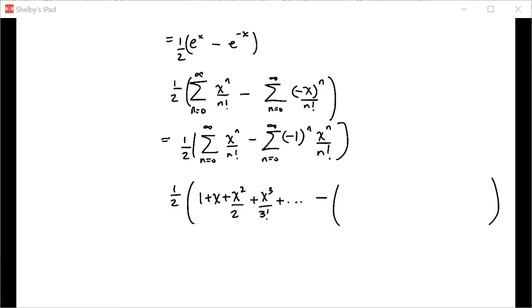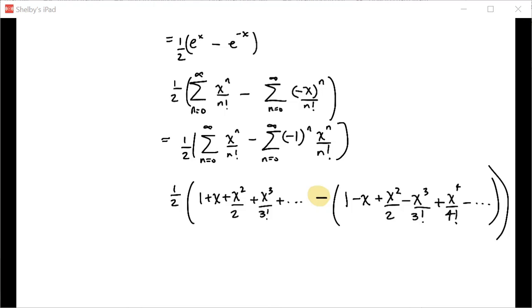This is alternating, so it's going to start off positive: 1 minus x plus x squared over 2 minus x cubed over 3 factorial plus x to the 4th over 4 factorial, minus, and so on. We're subtracting these two because we're taking the difference.